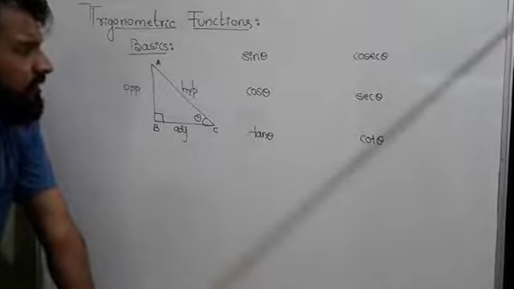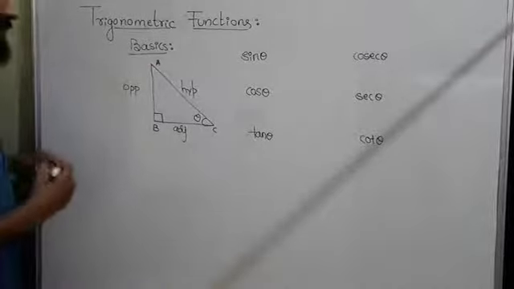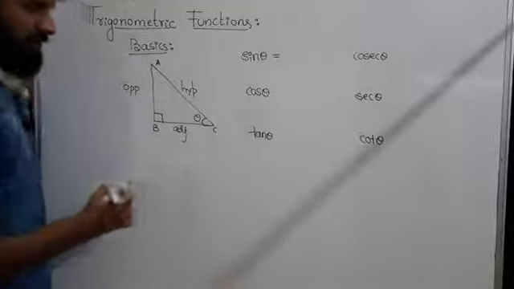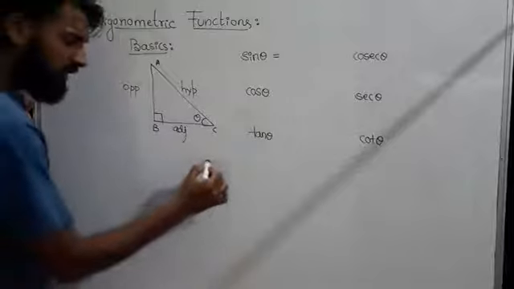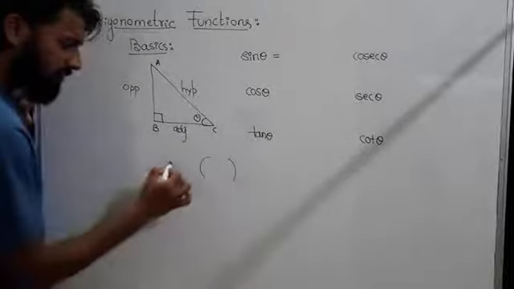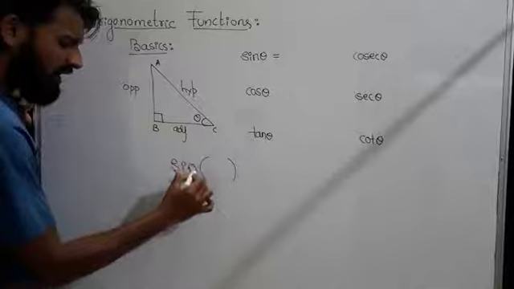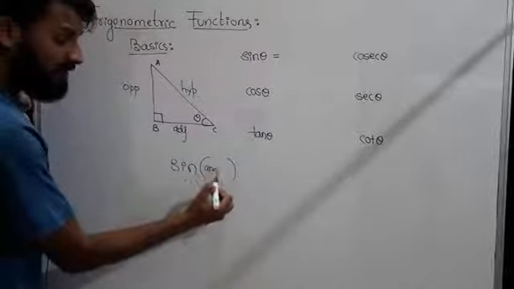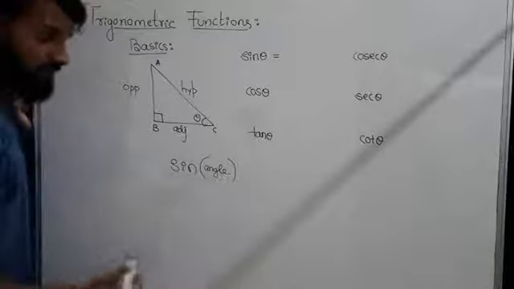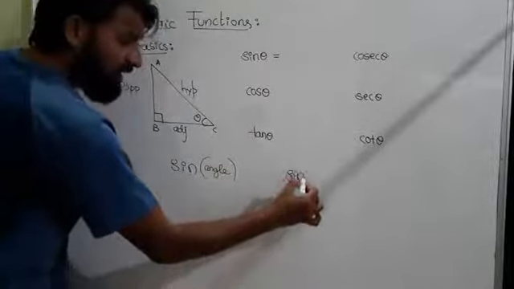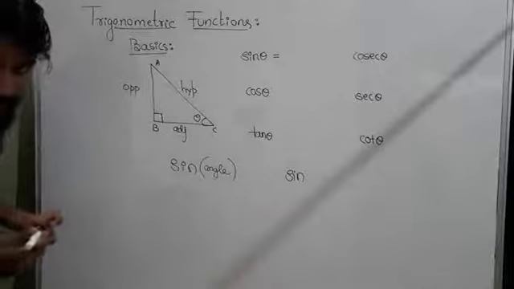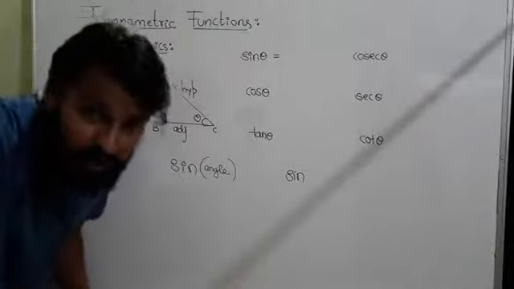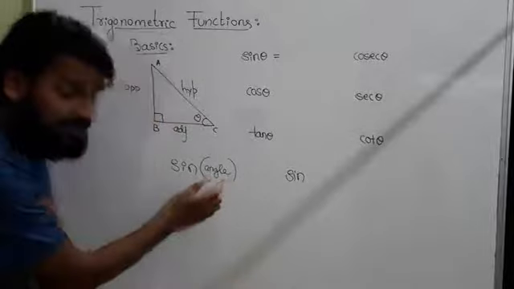Now the definition of sine theta. Remember one thing, my dear friends: whenever you write any trigonometric function, maybe sine, cos, tan, whatever, it should come with an angle. Always remember, if you just write sin, it does not have any meaning, until and unless you write an angle inside.